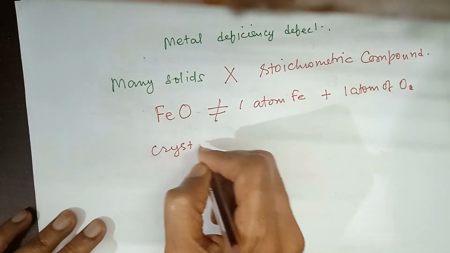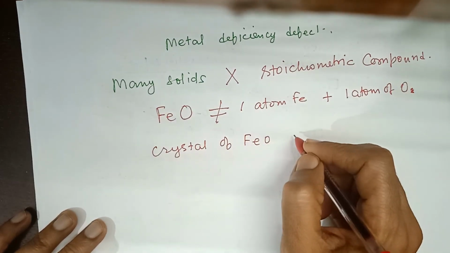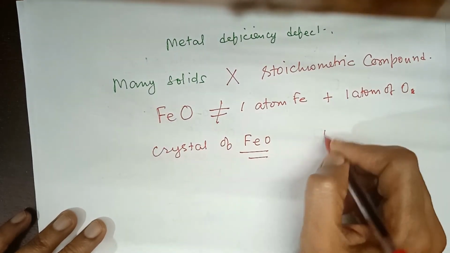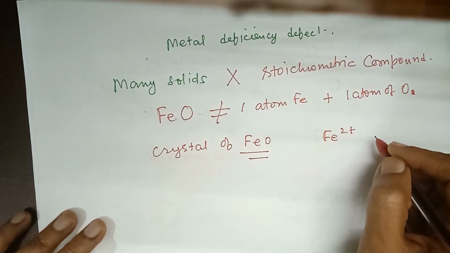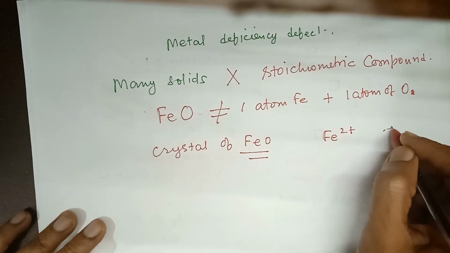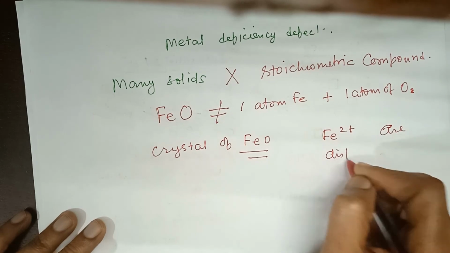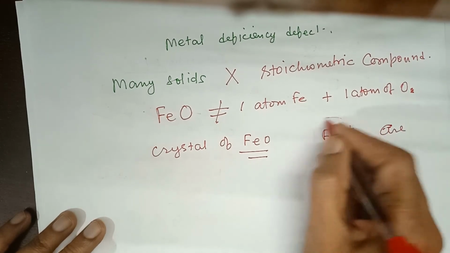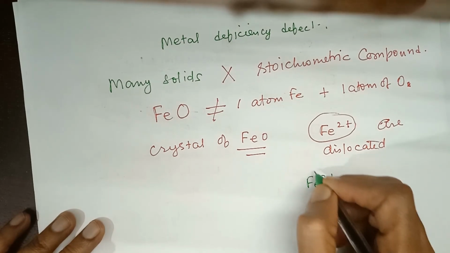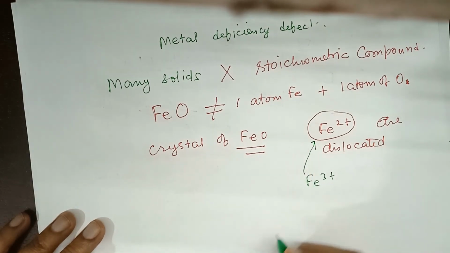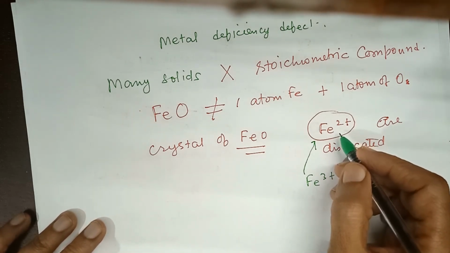In the crystal of FeO, Fe2 plus ions are dislocated, and in this place Fe3 plus ions replace these Fe2 plus ions.